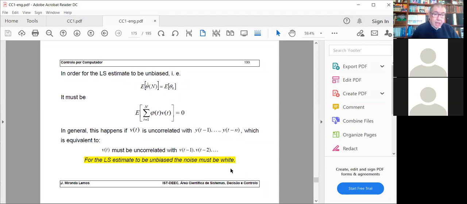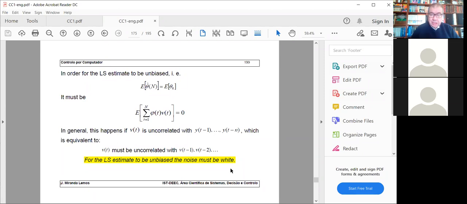And you can say, well, if I have non-white noise, that is to say, disturbances that are correlated, or sensor noise that is correlated. Now, the funny thing is that when you have a controller, the control has the effect of decorrelating the noise. Remember that a closed loop system satisfies several models, and one of the models is with white noise.